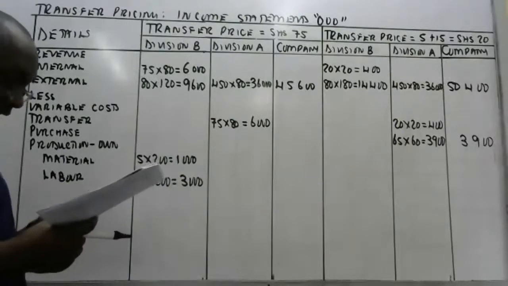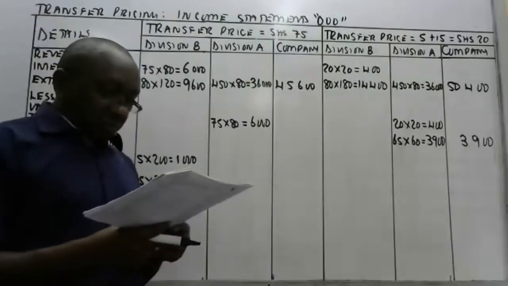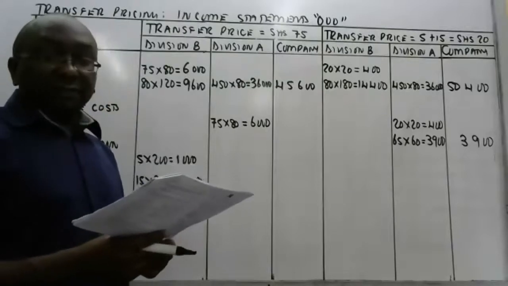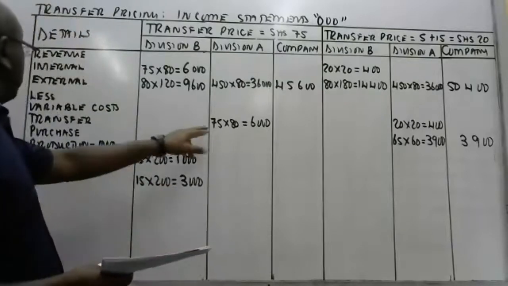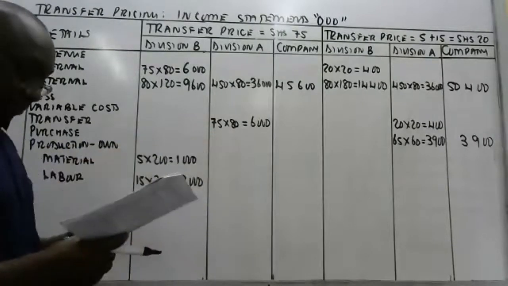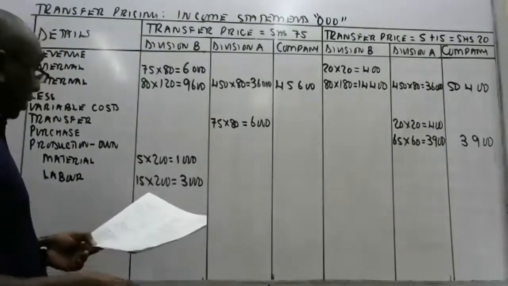When you go to A, where it is written costs per oven, you can see fittings from division B, 75. This 75 is what we had already brought here. It is the transfer. Then we bring the material.